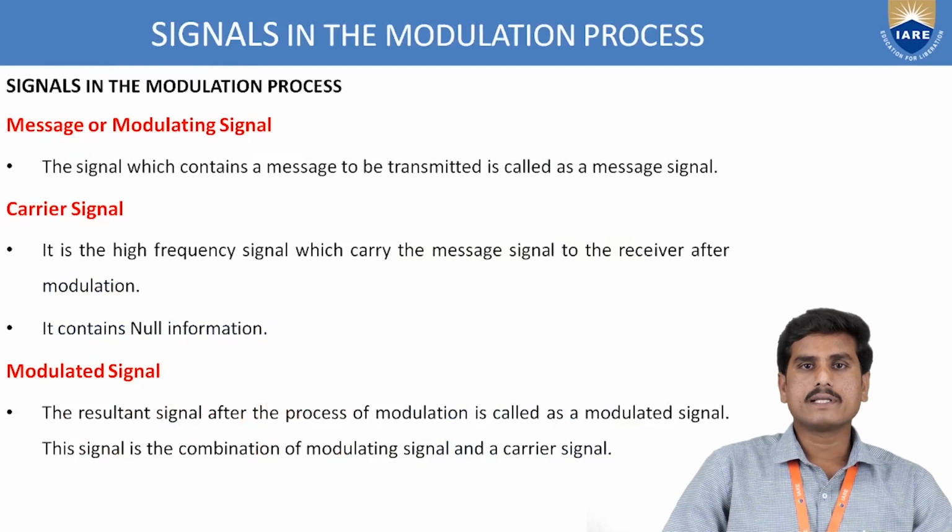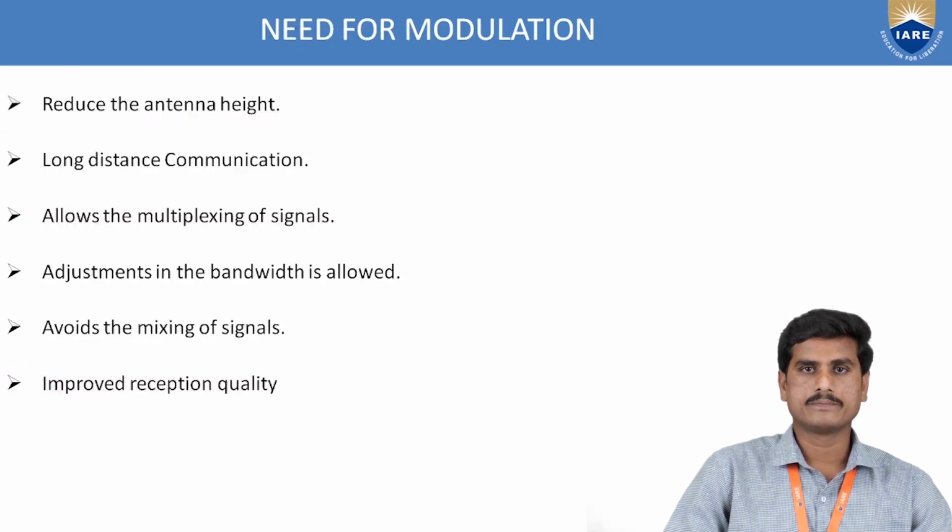The required signals are the message signal, the carrier signal, and the modulated signal. The message signal is the information signal, the carrier signal is a high frequency signal, and the third one is the modulated signal, which is the combination of the message signal and carrier signal.